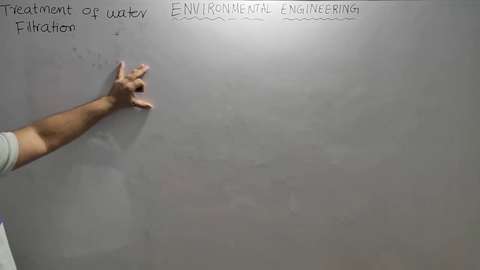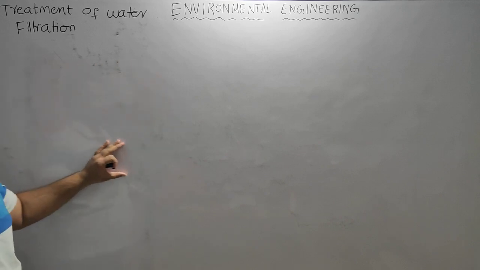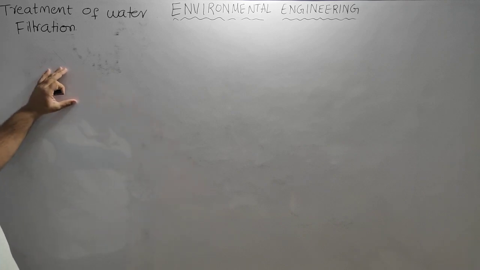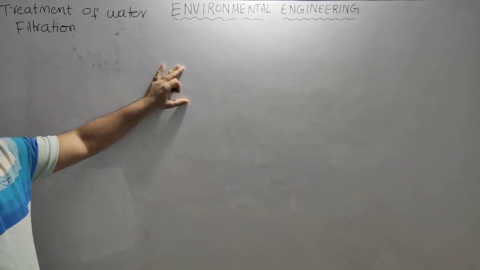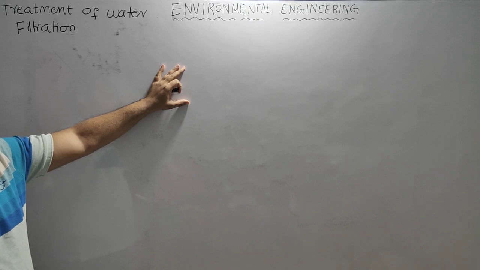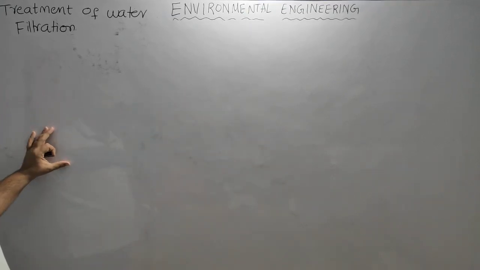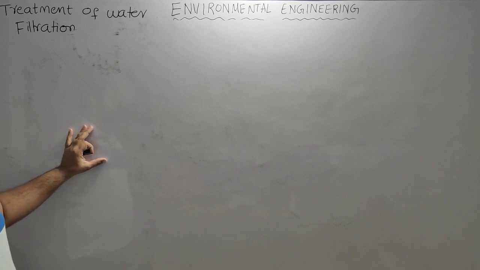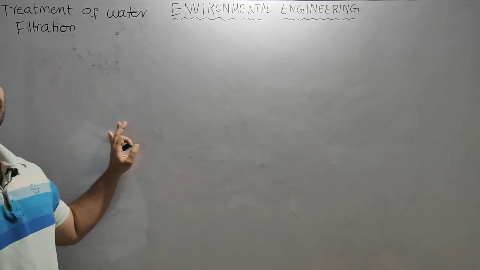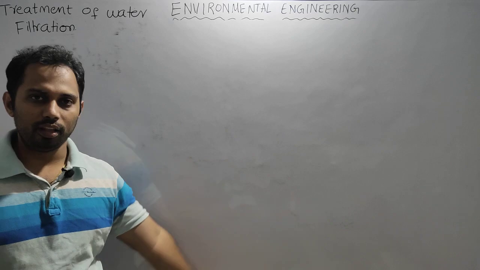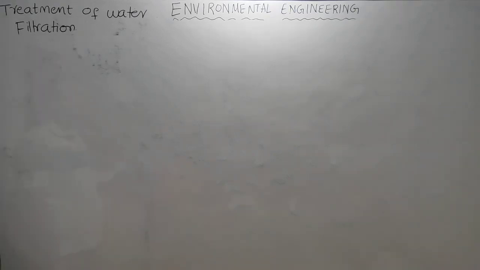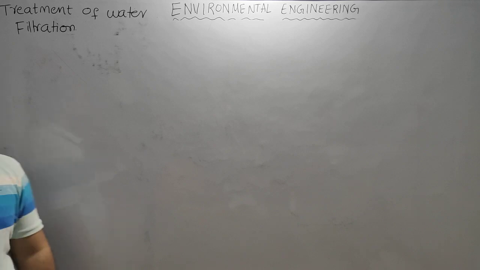If it is a primary sedimentation tank, the finer suspended or colloidal particles will be removed in filtration. If it is a secondary sedimentation tank, any floc still unsettled will be taken care of here. That is the fine tuning of the water before sending it for disinfection.